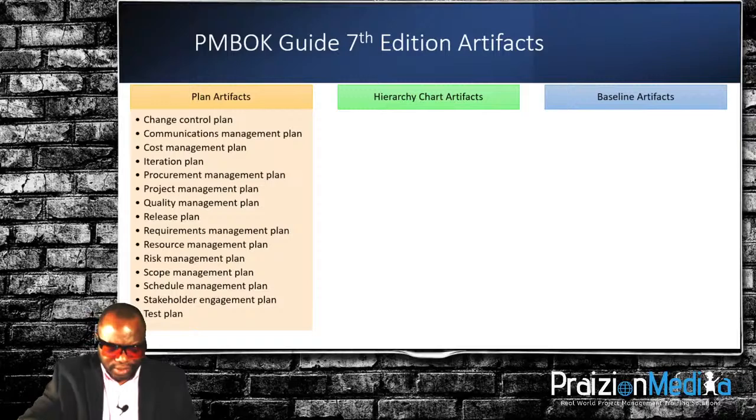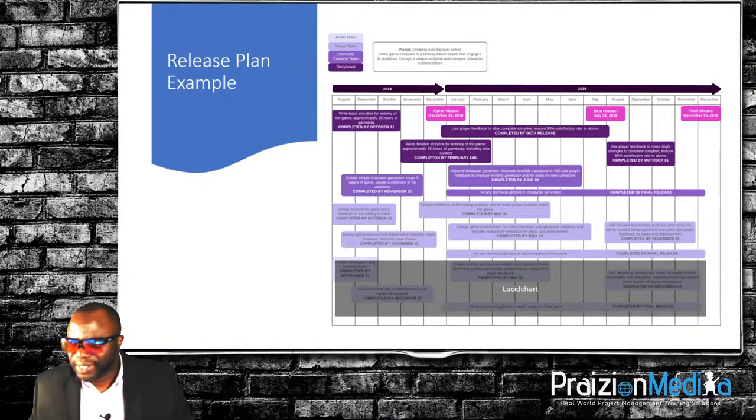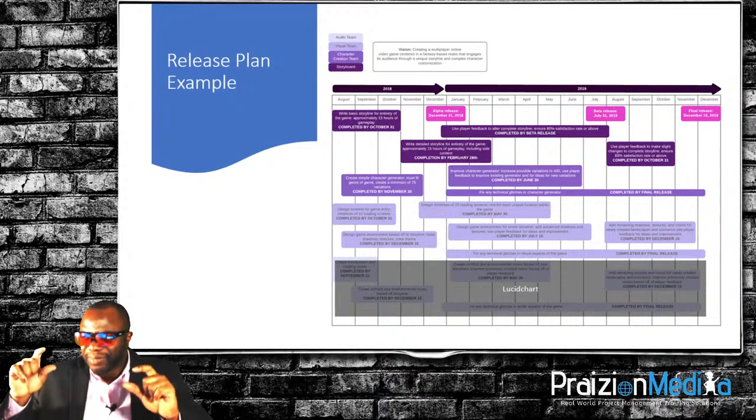Release plan. This plan sets expectations for the dates, features, and/or outcomes expected to be delivered over the course of multiple iterations. We can take a look at an example here from Lucidchart. Here's their interpretation of a release plan, and you can see the different pieces of work that have to be done at a much higher level.